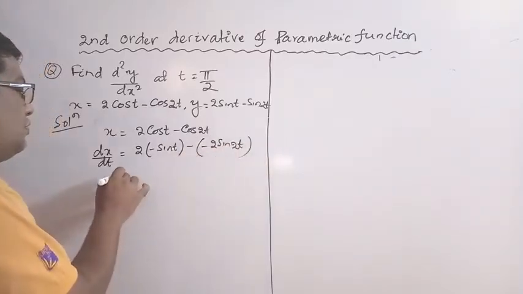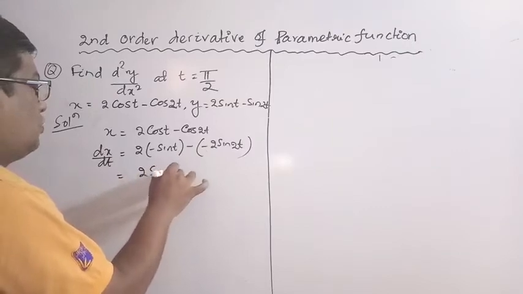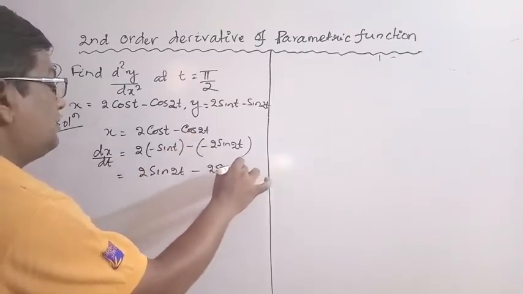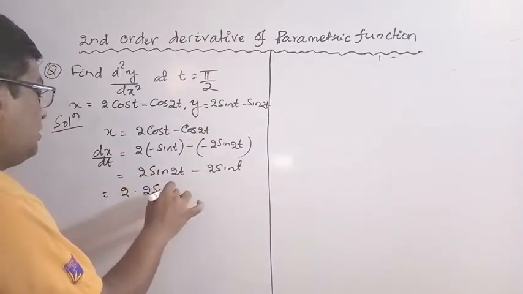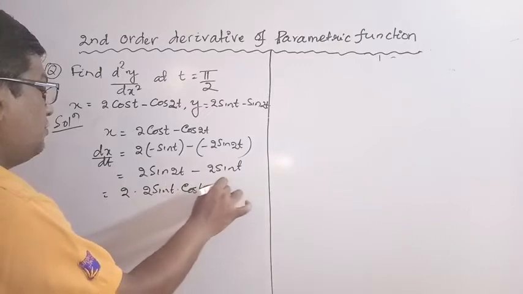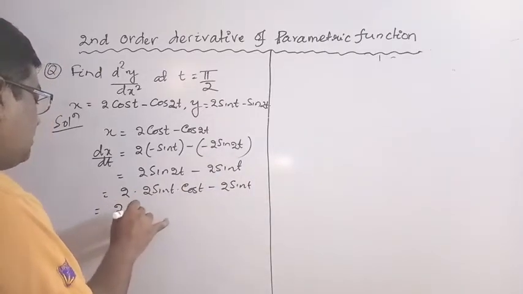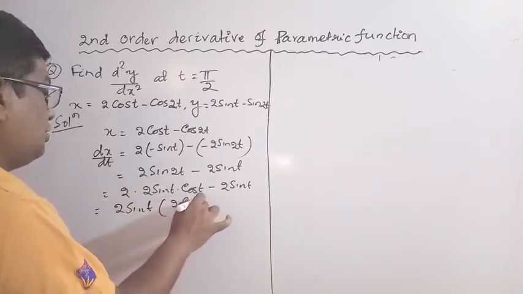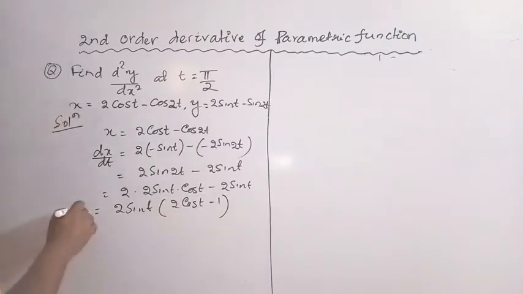So this is equal to 2 sin 2t minus sin t. So what is here? 2 into 2 sin t into cos t minus 2 sin t. So take 2 sin t common, here 2 cos t minus 1. This is dx by dt.